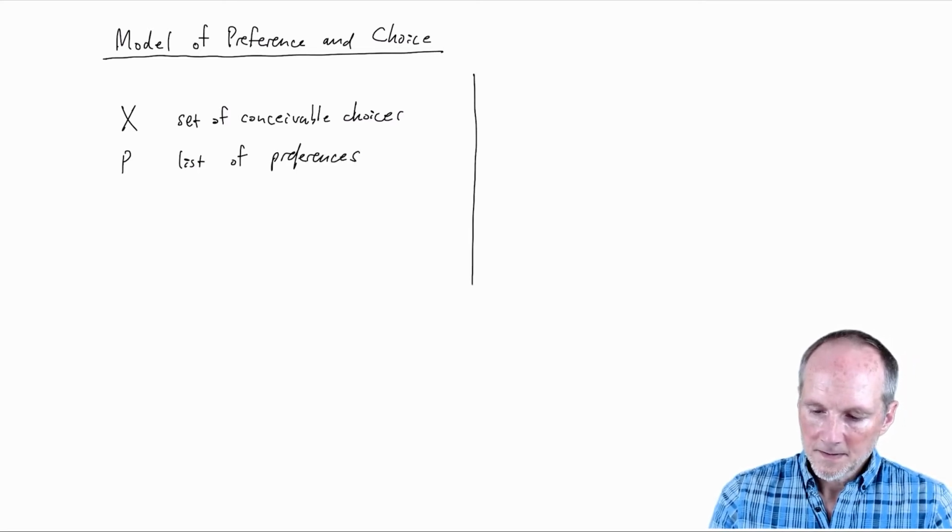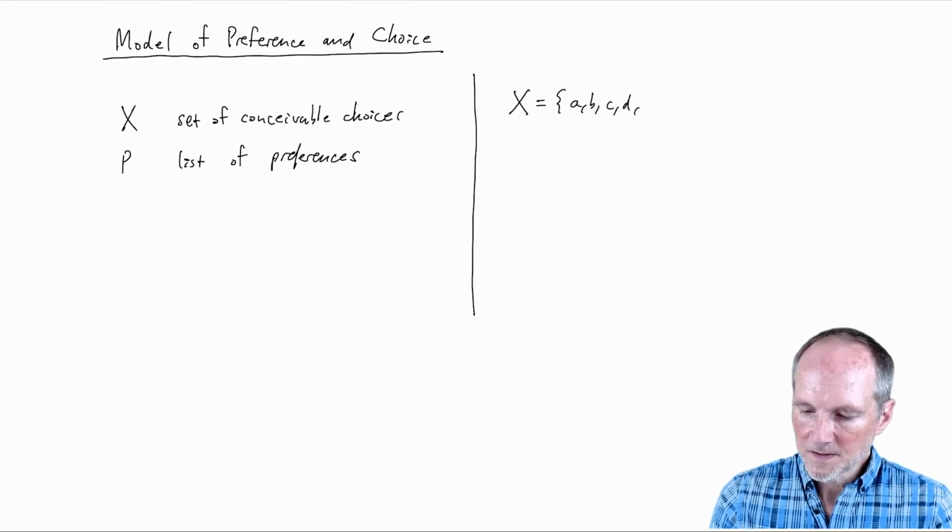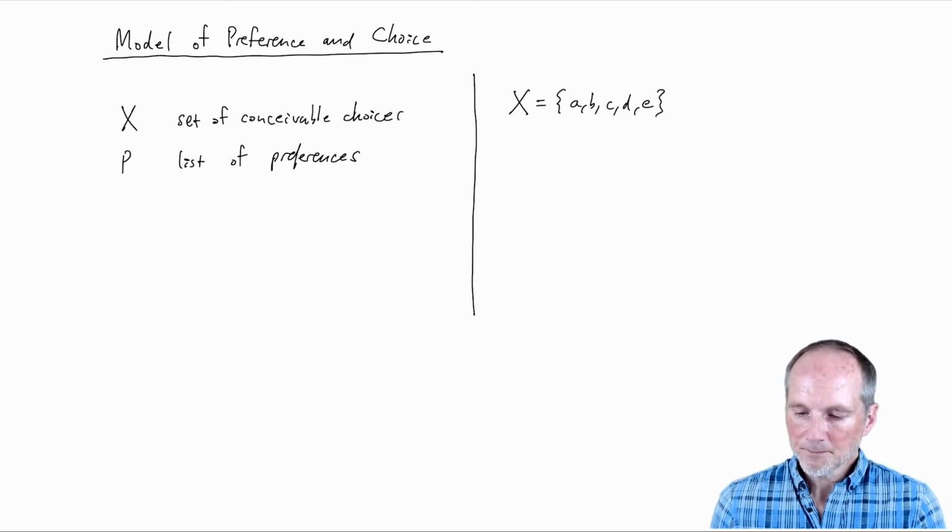And then we had this little running example where we had 5 conceivable choices, just labeled A, B, C, D, and E.